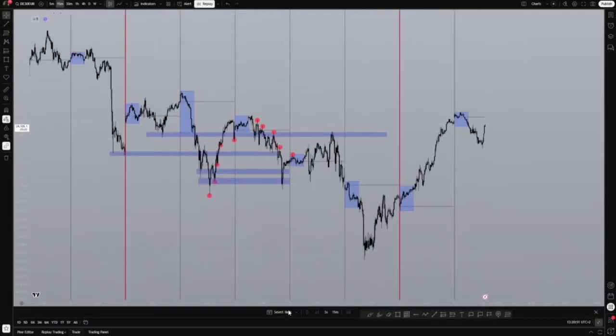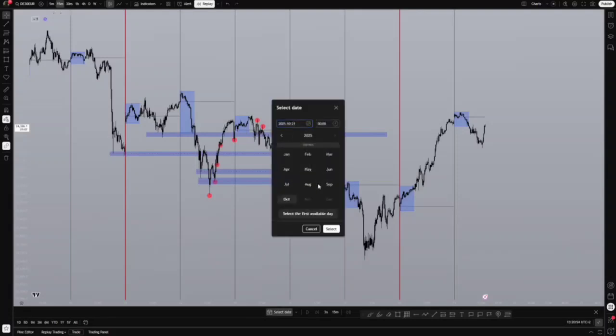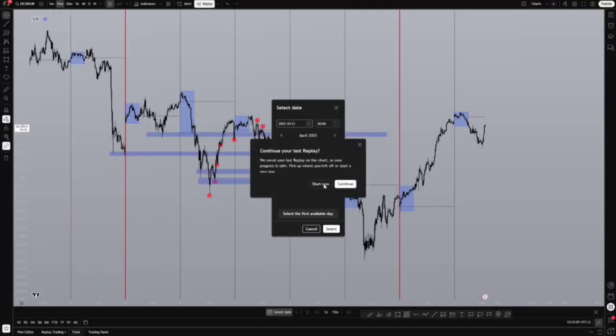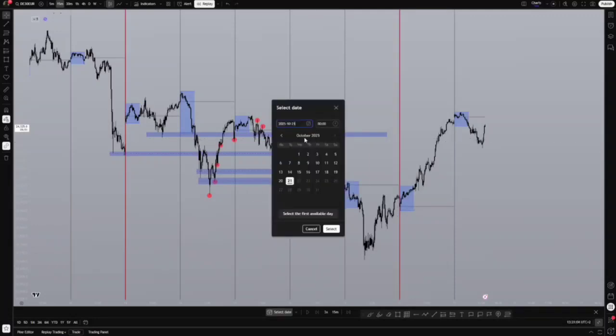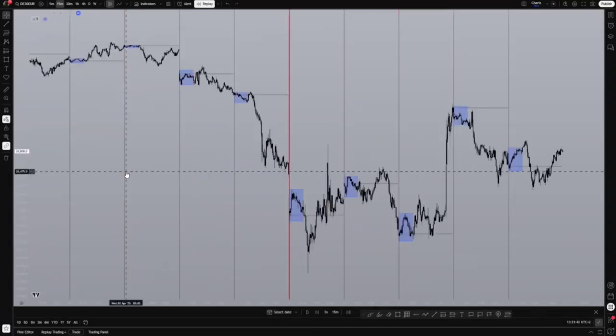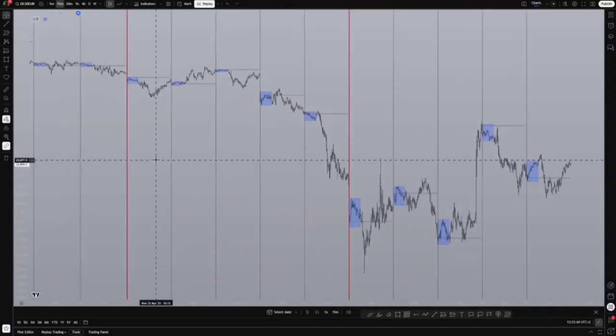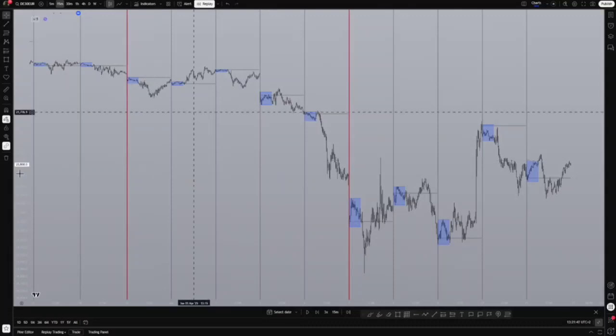Let's go for the current month, April. Let's have some weeks that have already played out, so we look at the previous weeks.